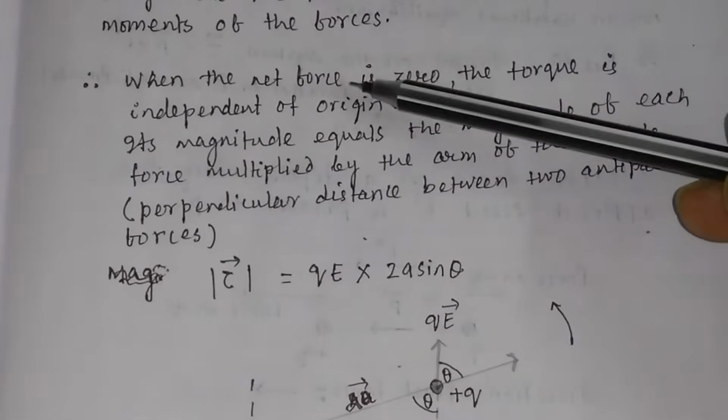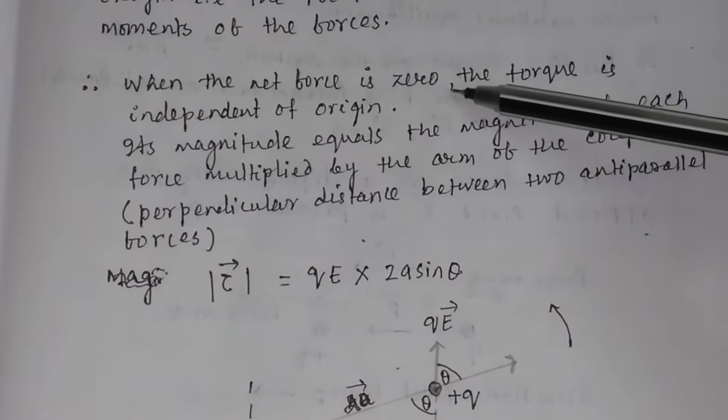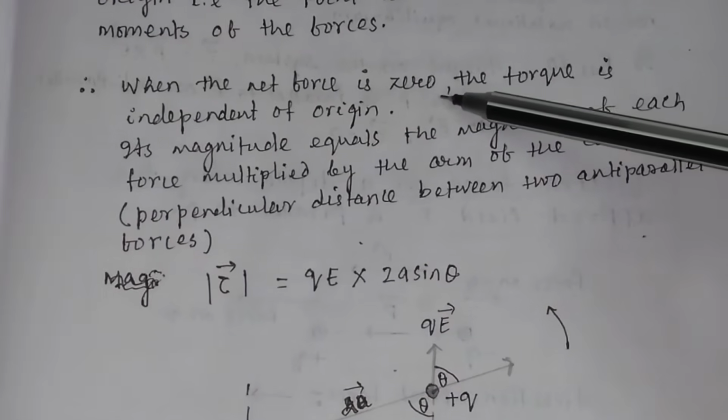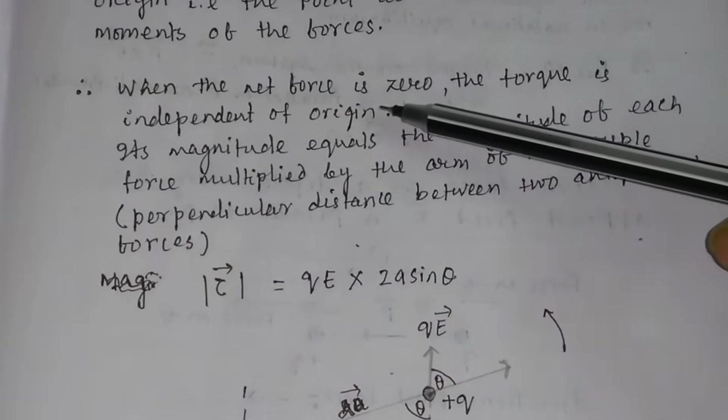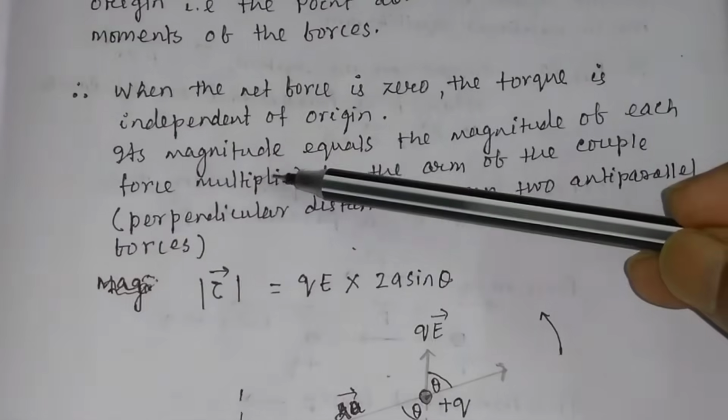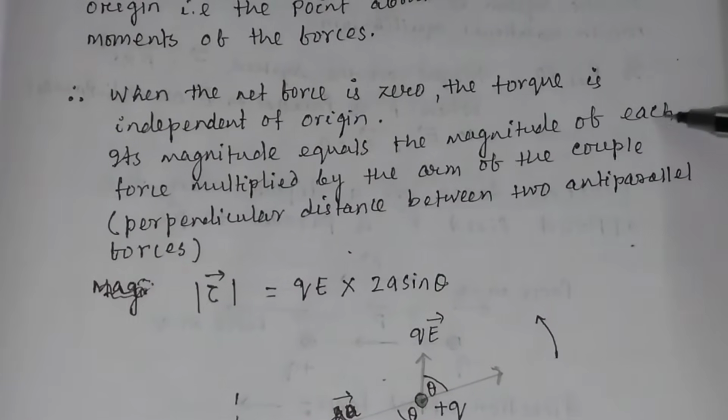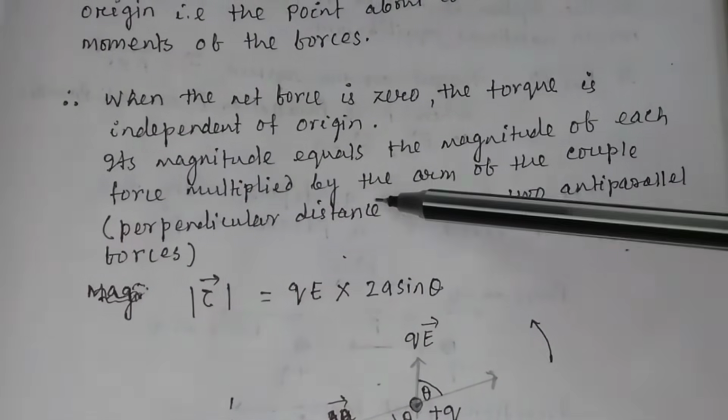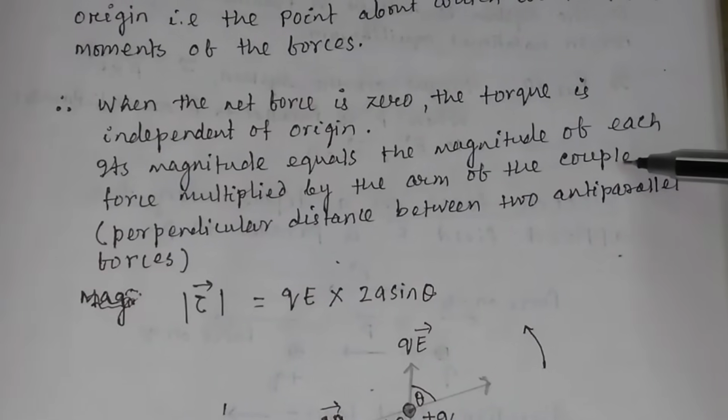So when the net force is 0 due to the uniform field, the torque is independent of the origin and its magnitude equals the magnitude of each force multiplied by the arm of the couple.